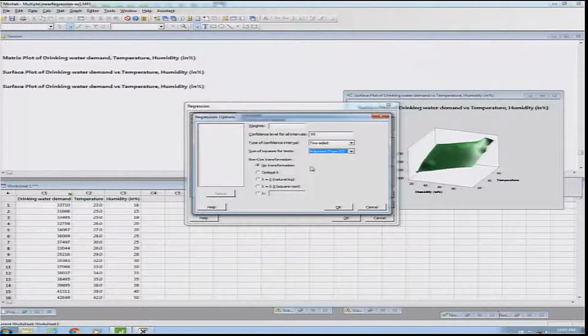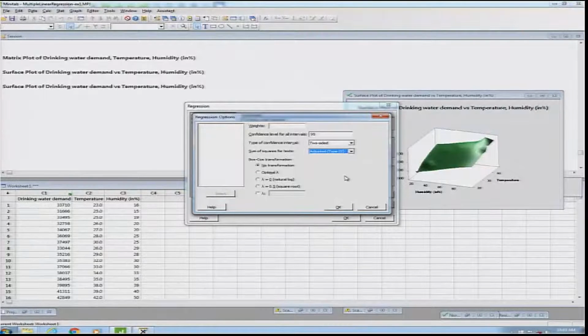Another option here is the Box-Cox transformation, which we have not considered in this lecture, but it is a sort of transformation that is applied to the independent variables if y is not really related to x, but it is linearly related to some other power of x, something like the square root of x or x square.